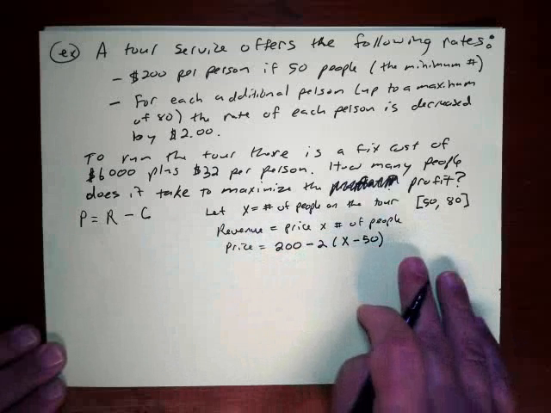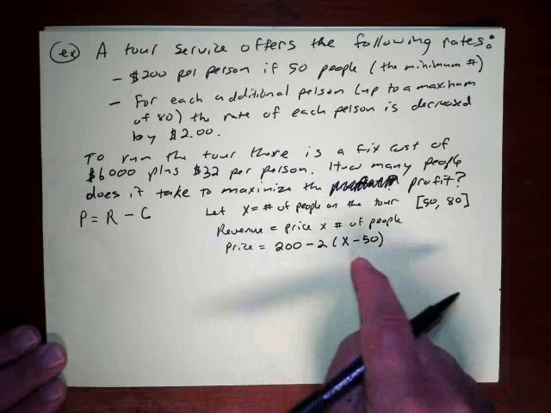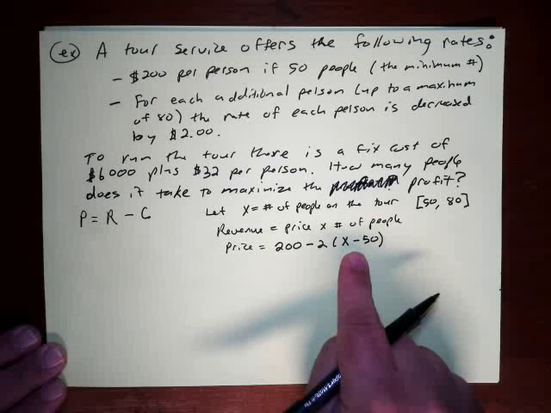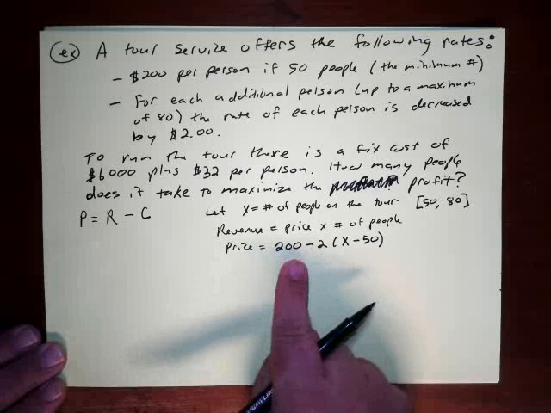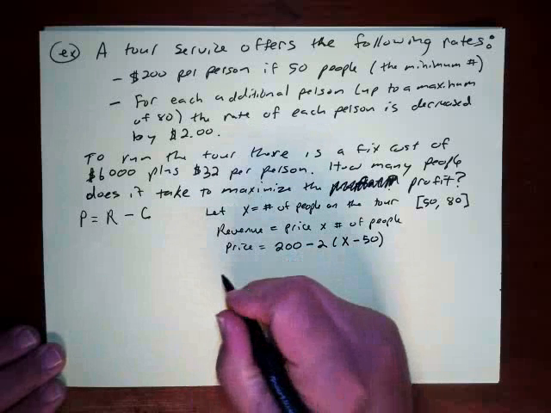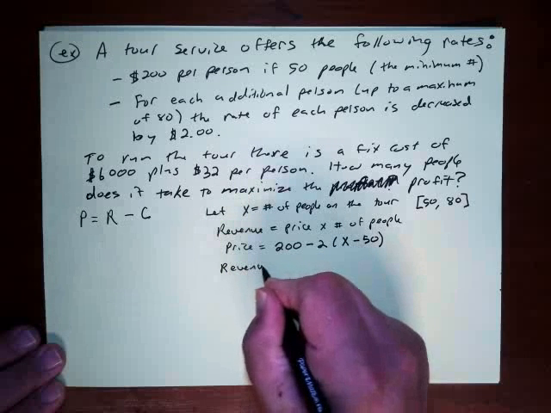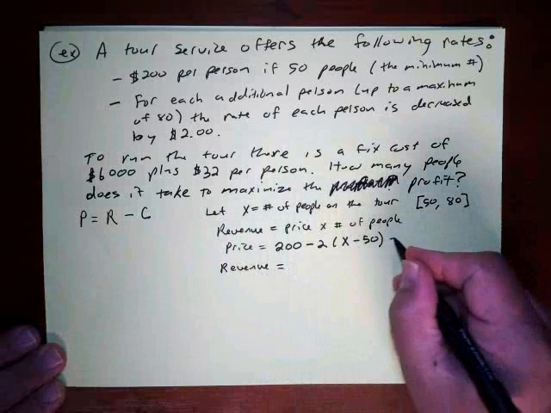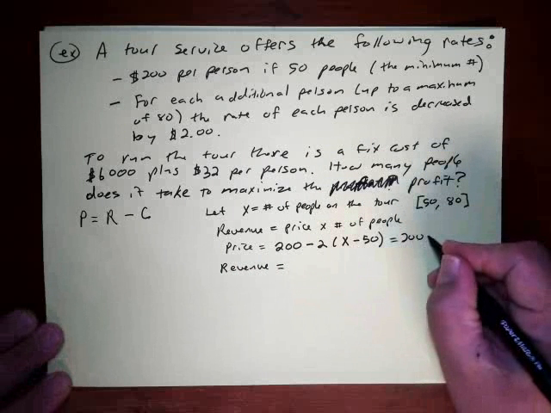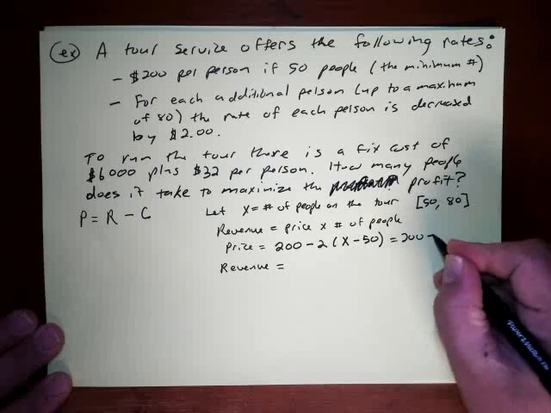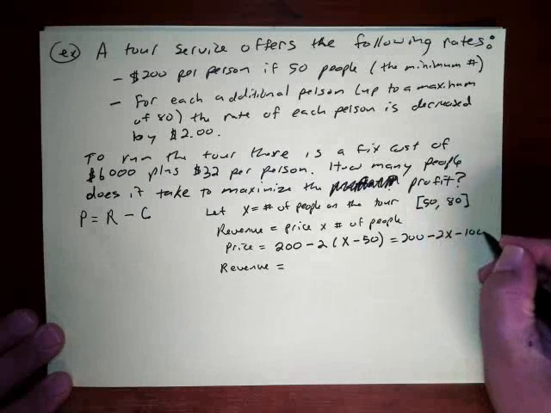And so this would be an expression for the price. It's going to reduce for every additional person more than 50, which will be x minus 50. You're going to take $2 off that $200 price. And so my revenue here, I could reduce this to 200 minus 2x, and this would be minus 100.